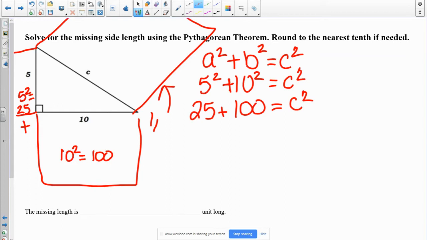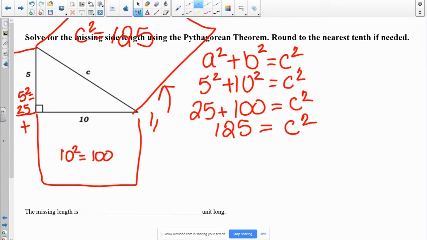Just looking at it visually, 25 plus 100, we know that c squared equals 125 because it adds up the two small squares. So I could write algebraically that c squared equals 125.